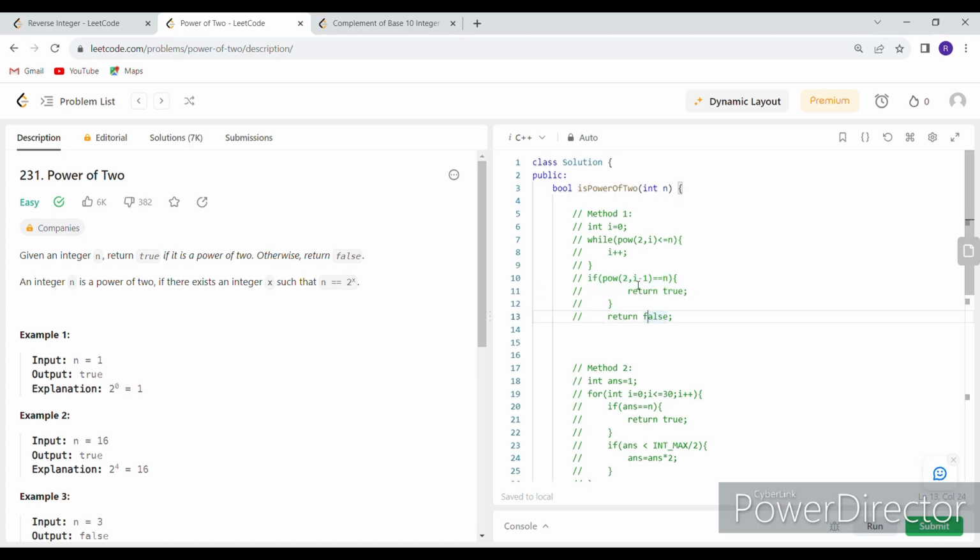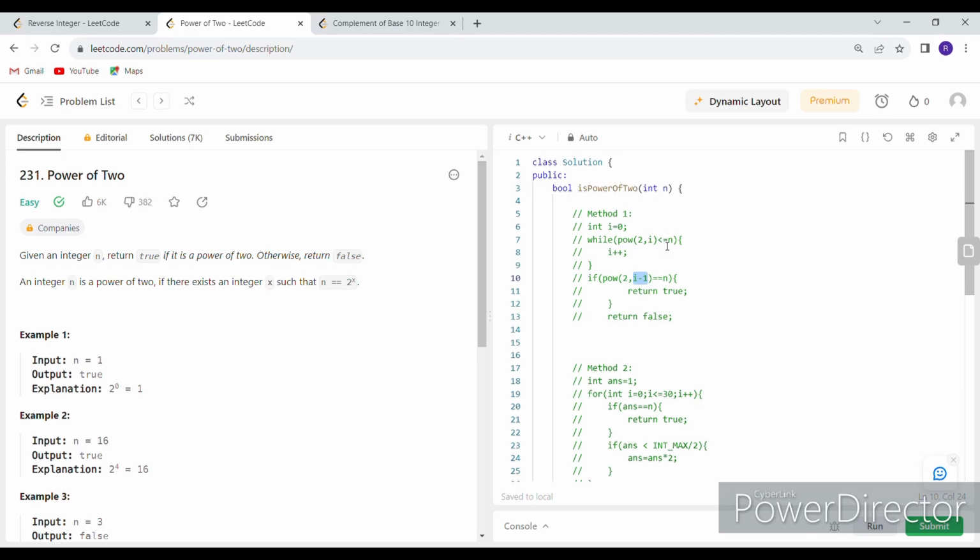Here I have written i minus 1 because after entering the loop, when it was 2 raised to i, it might have been equal to n.